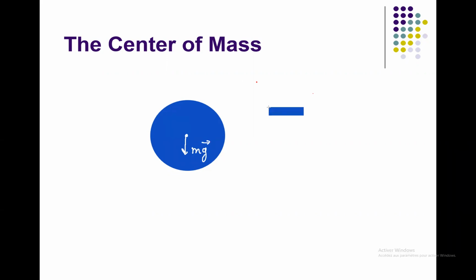I give you another example. Let's say we have a road, a homogeneous road, okay? As you see, the center of this mass will be at the center here. And if you draw the weight, it will be also at this point, okay?